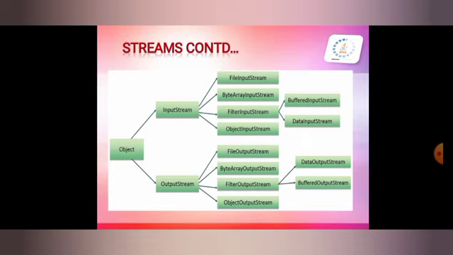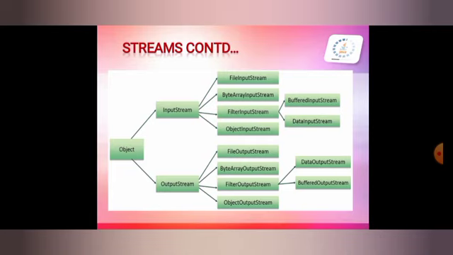Filter input stream and filter output stream are used to write the data for future use. Buffered output streams are used to improve the performance of the other output stream operations.